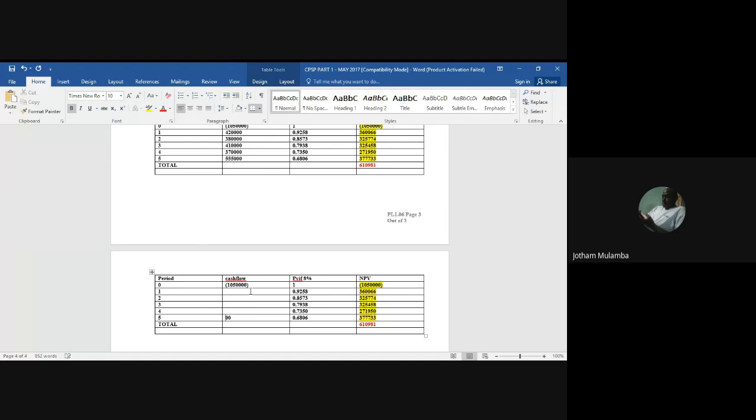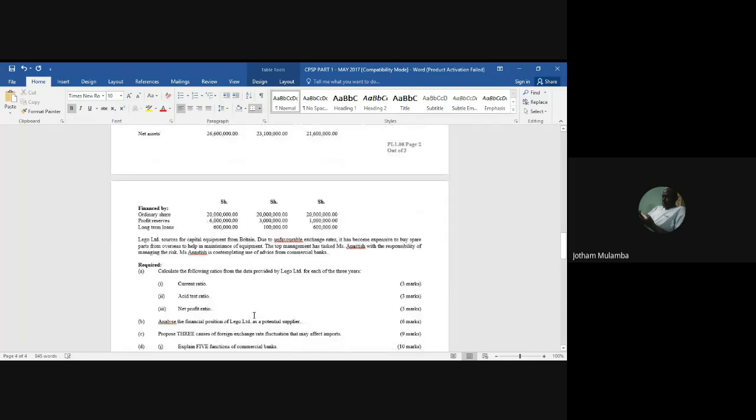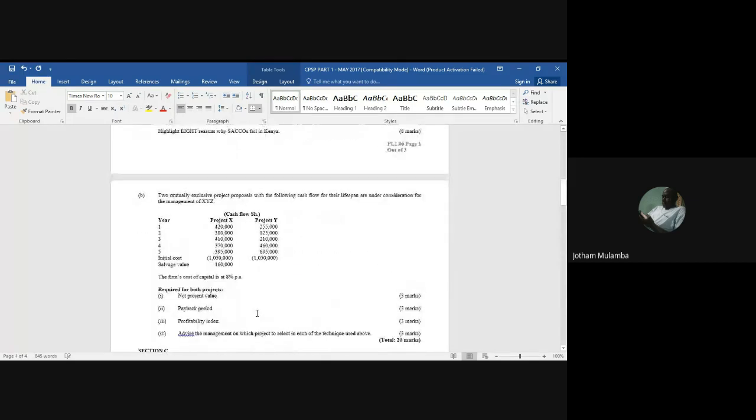Okay, sorry. So the same table will apply. The PVIF will not change because it's still at 8%. So now what will change is the figure we want to fill in. The cash flow will change. Now I'll pick the cash flow for project Y.